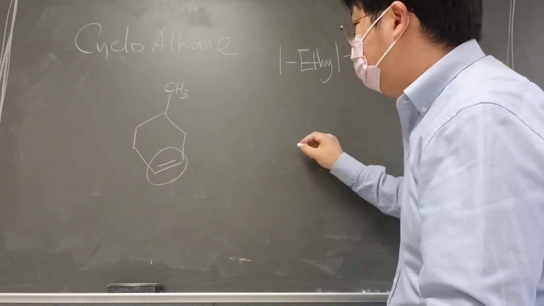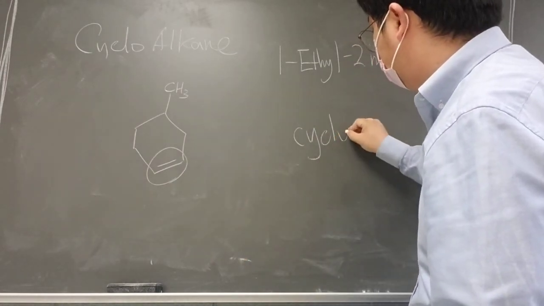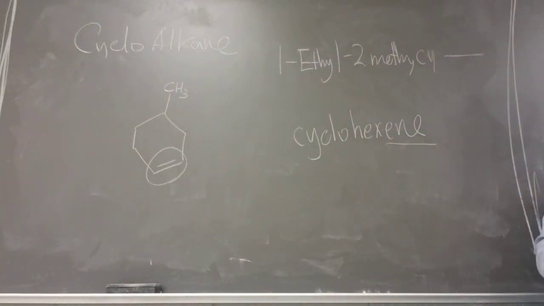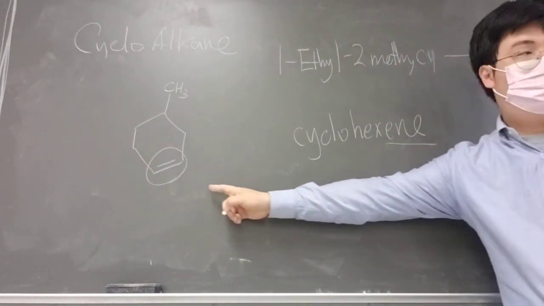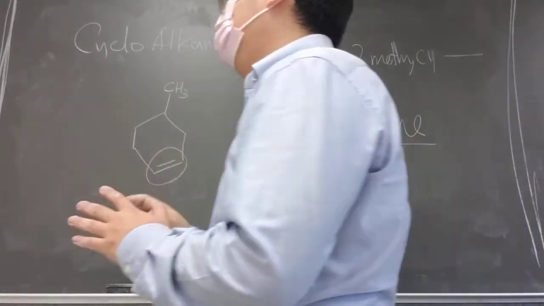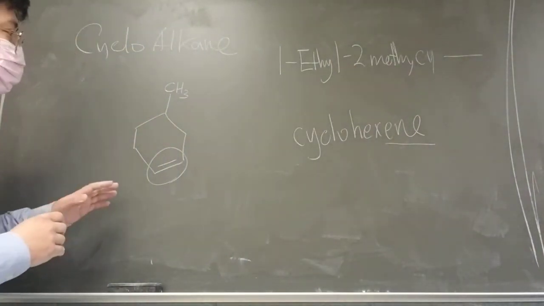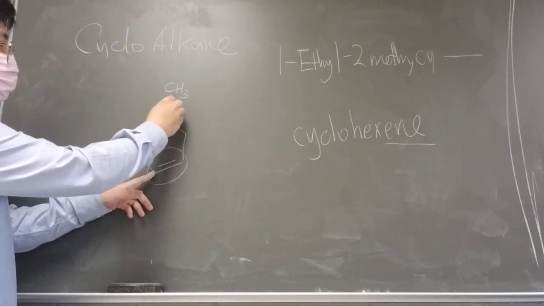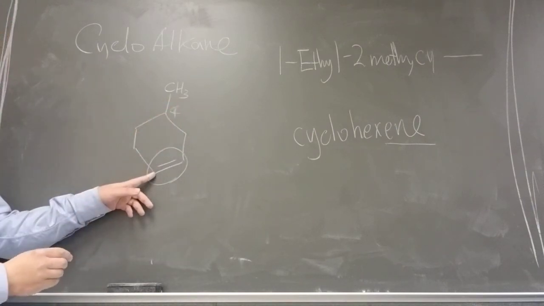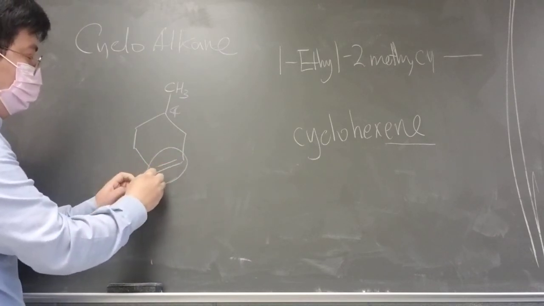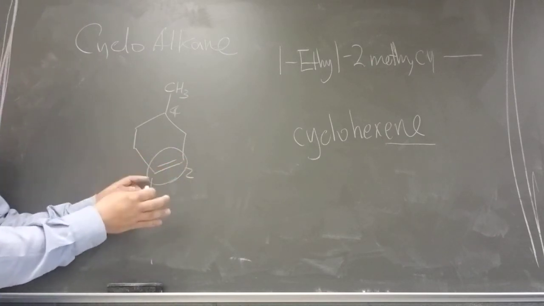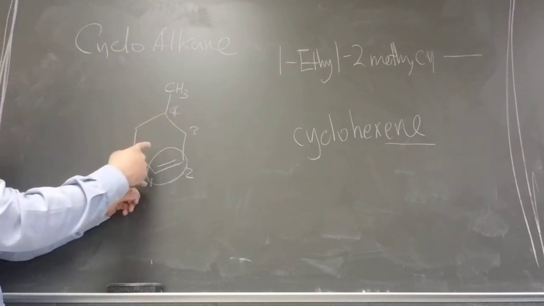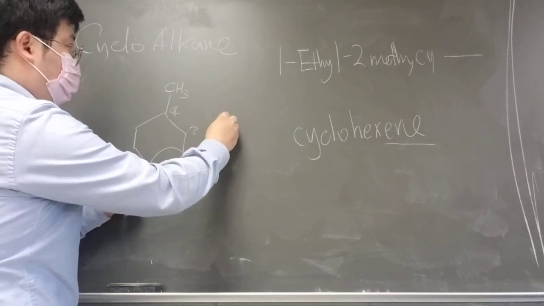So now this is a cyclohexene because of the double bond here, right? And this is the only time that you're going to put this one, not just 1, but this will be 4. So this will be 1 and 2, then 1, 2, 3, and 4. So this will be 4.